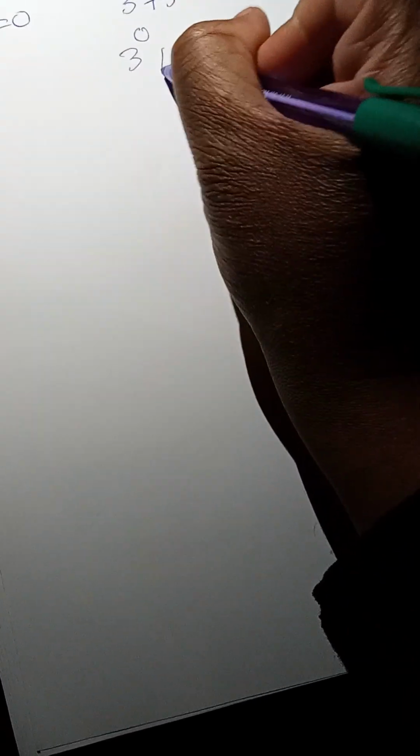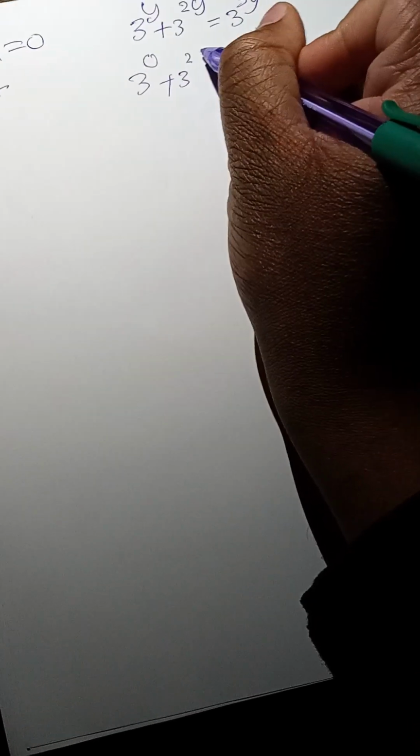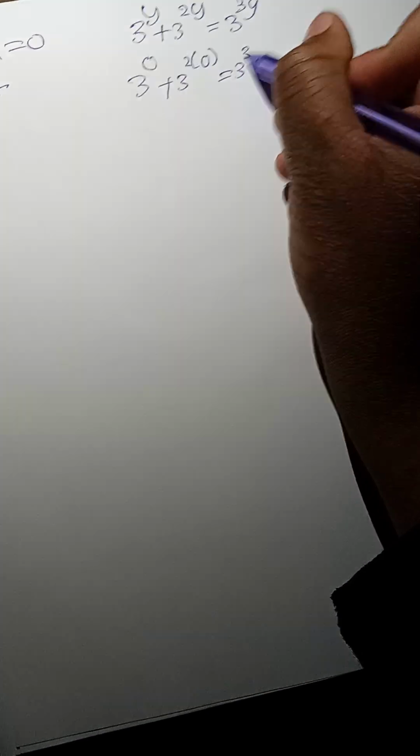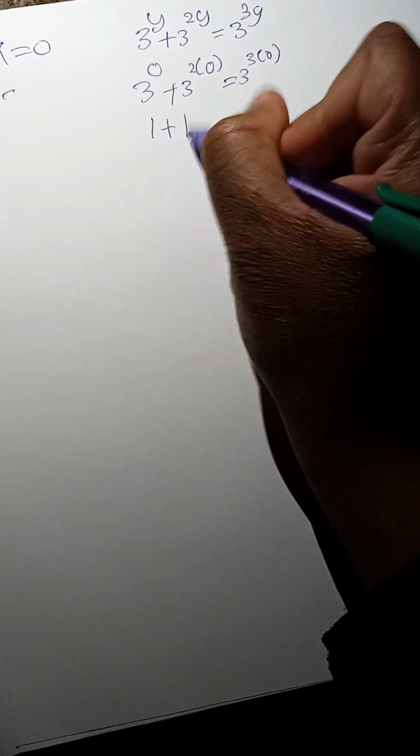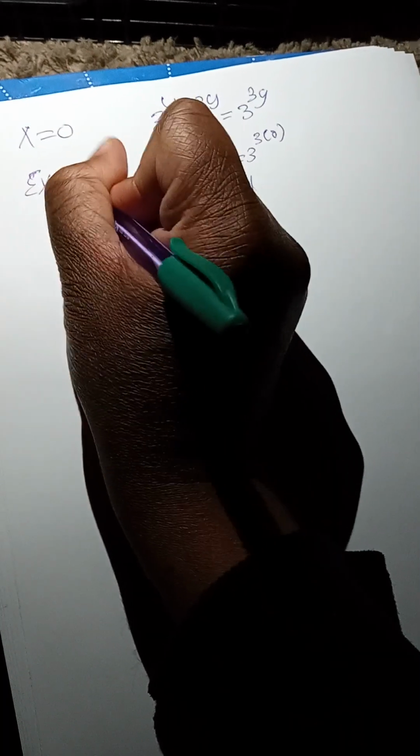So 3 to the power of 0 plus 3 to the 2 times 0 is equal to 3 to the 3 times 0. So all that equals 1. It's equal to 1. And 2 is not equal to 1. So this is extraneous. So x equals 0 is extraneous.